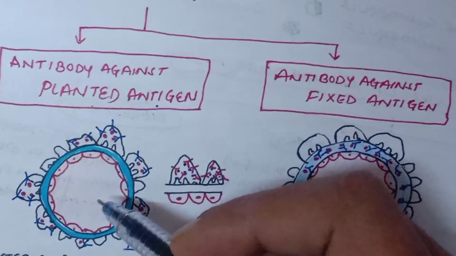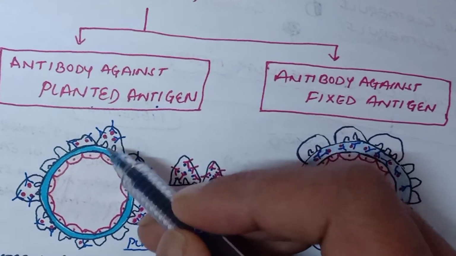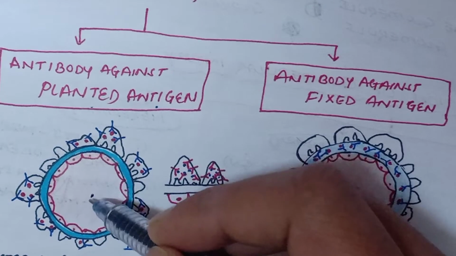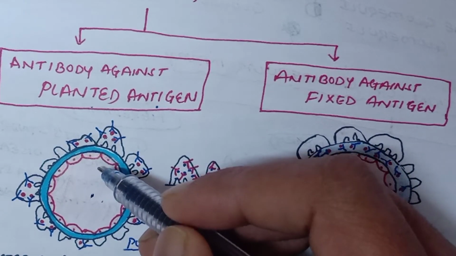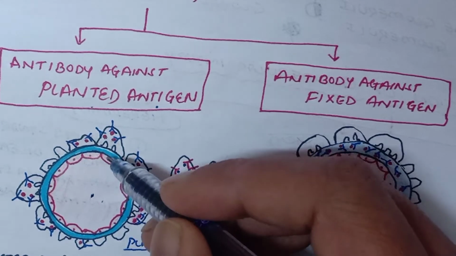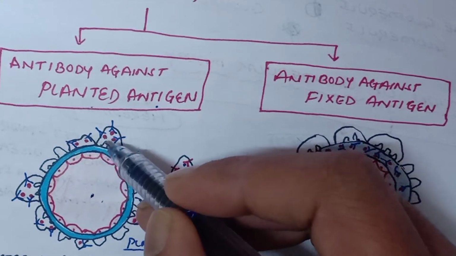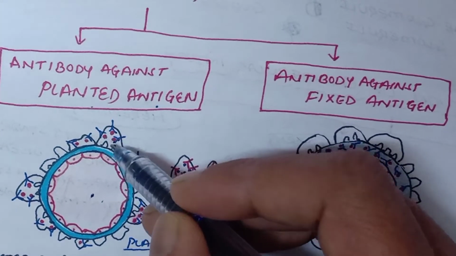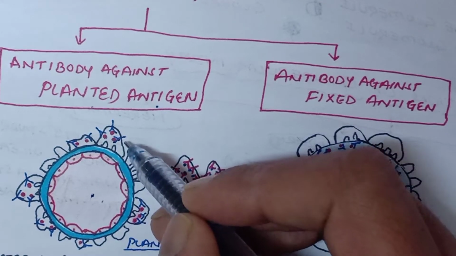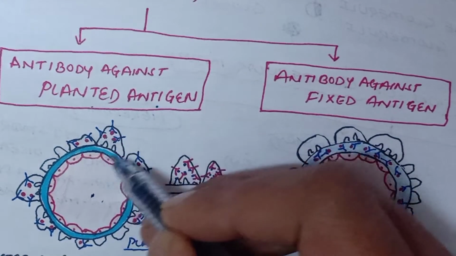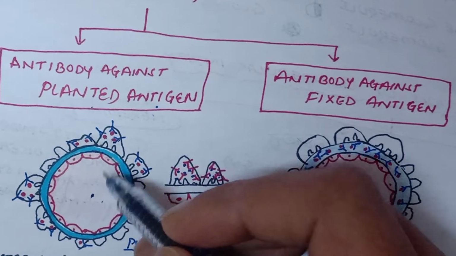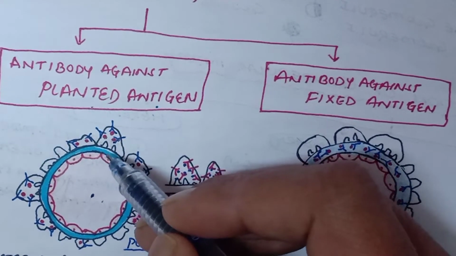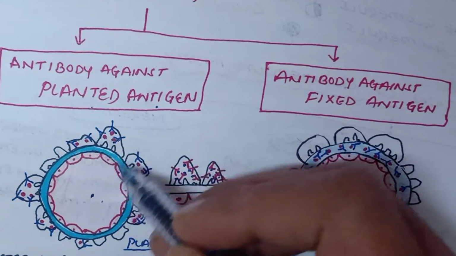So the body will form antibody against these planted antigens. Now antibody will come through the circulation into the kidney in the filtration barrier. Now it will form antigen antibody complex. So antigen antibody complex is formed within the kidney. Therefore antigen antibody complexes are formed in the kidney in situ and not from the circulation.